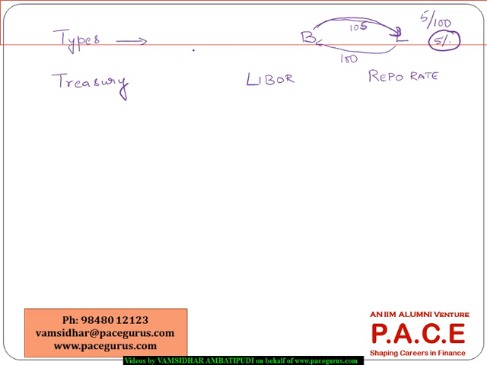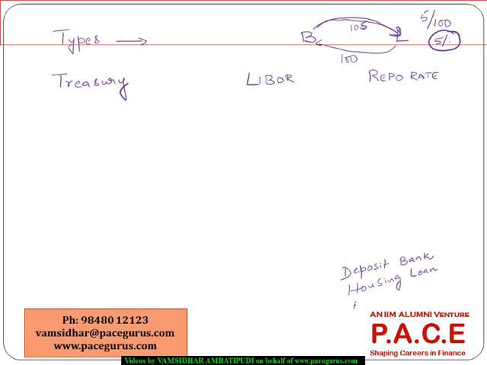Now, what we typically see is that the interest rate number is different in different contexts. When I am depositing my money in a bank, the interest rate would be different. If I am taking a housing loan, the interest rate could be different.